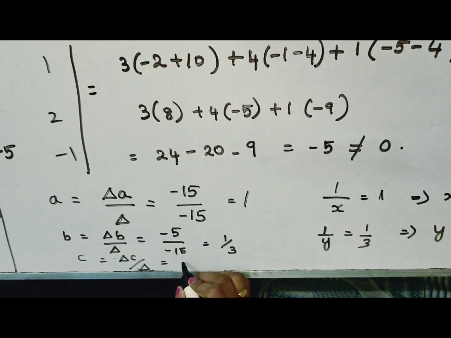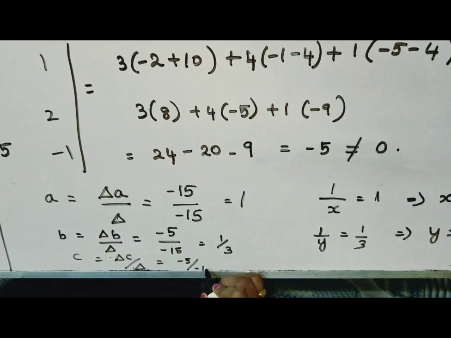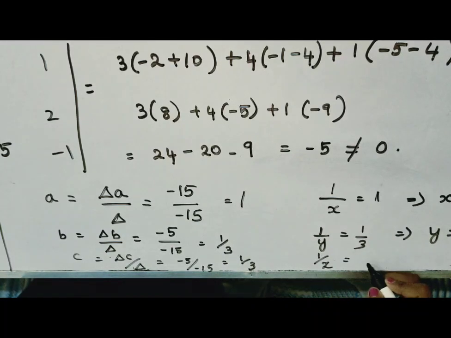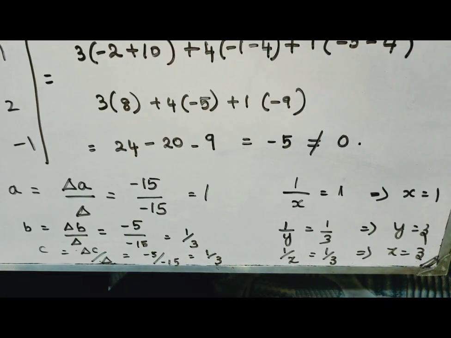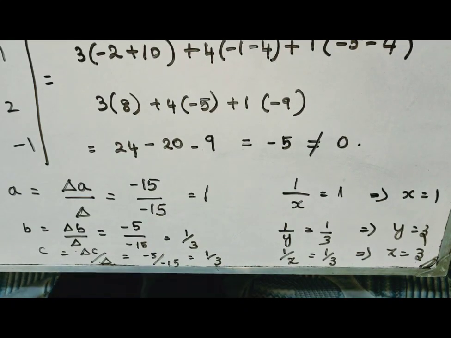The value of delta C is minus 5. The value of delta is minus 15, which is also 1 by 3. So 1 by z we have considered as c. The c value we found as 1 by 3. If I reciprocate, I will get the z value also as 3. So this is how we find the values of the given variables using Cramer's rule.